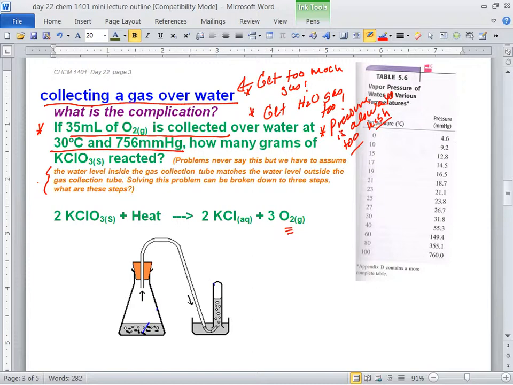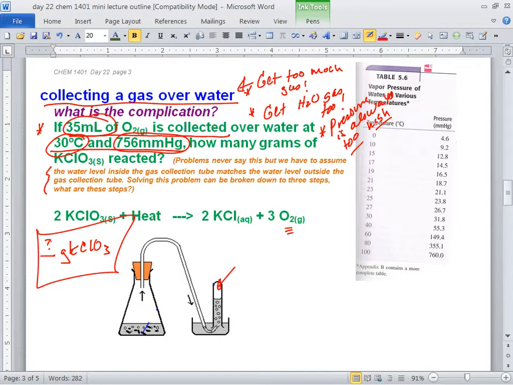Just realize that the pressure inside here is 756 millimeters. The temperature's 30. The volume's 35. And they want to know how many grams of this KClO3 reacted. That's your answer: grams of potassium chlorate reacted.